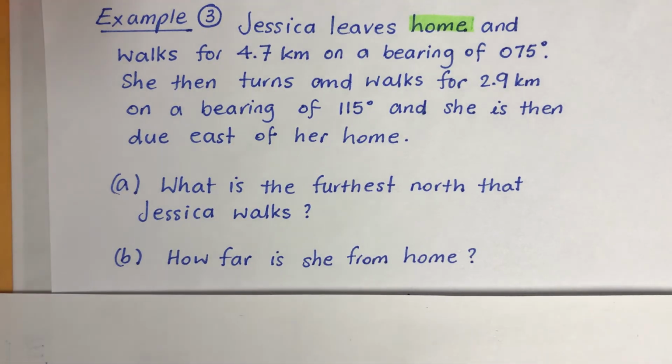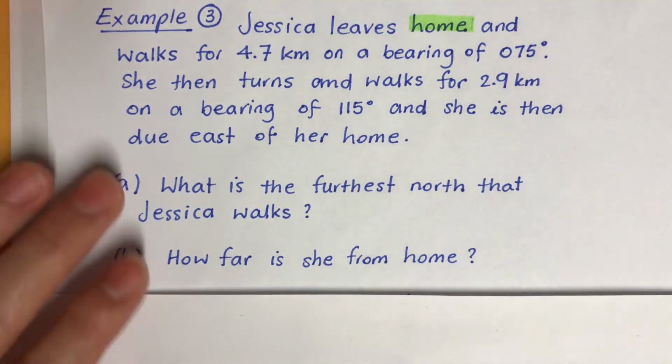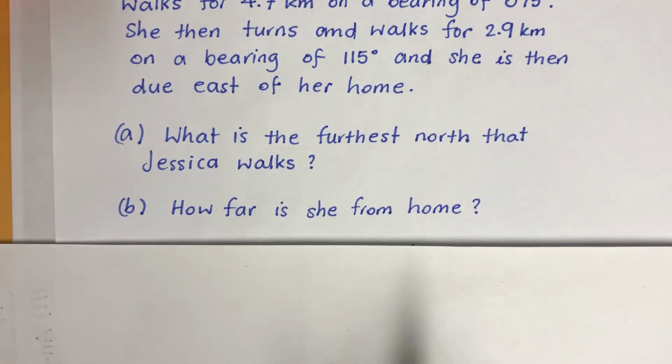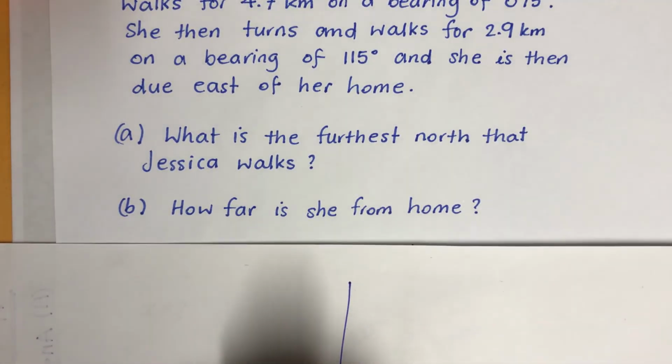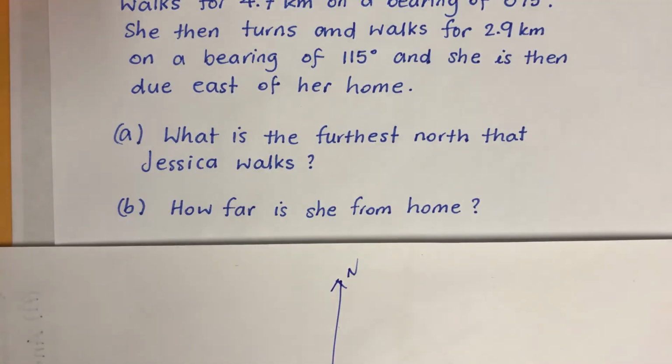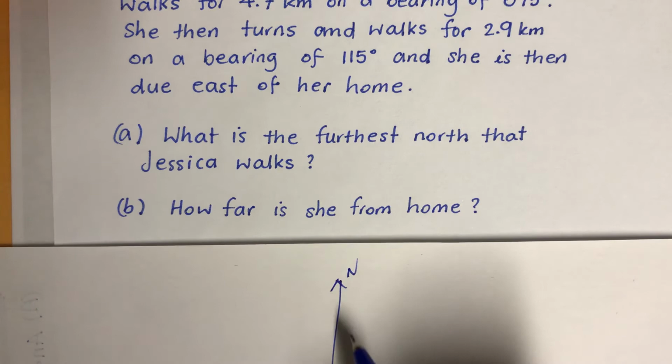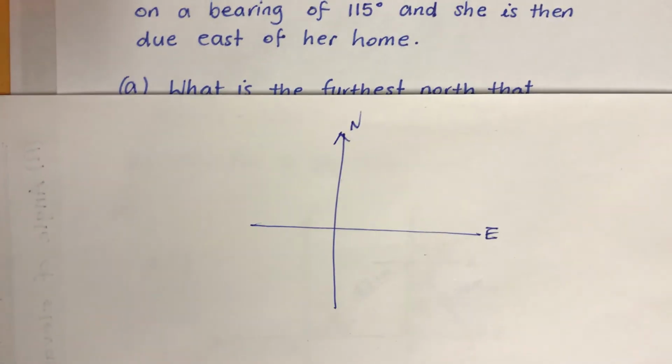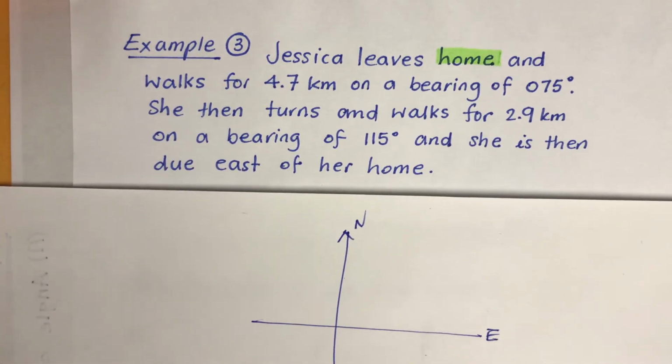Second is, how far is she from home? Now let's sketch this before we do anything else. So I'm gonna do north here, east. I don't think we need the south and west. Okay, if I do that, that's better.